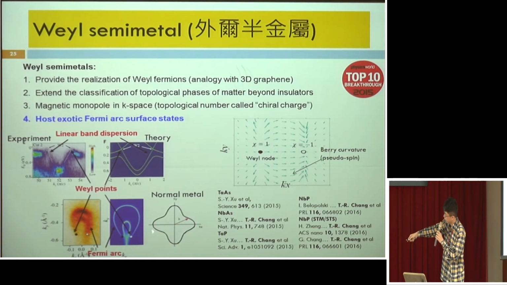In this panel, these black and dark points are the Weyl nodes, and these bright lines are the Fermi arc surface state. Okay, we can see the Fermi arc starts from one Weyl node and ends at the other Weyl node. So it's an open curve, and this is ARPES data.